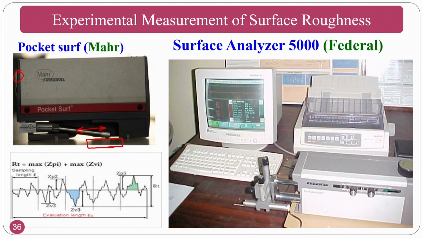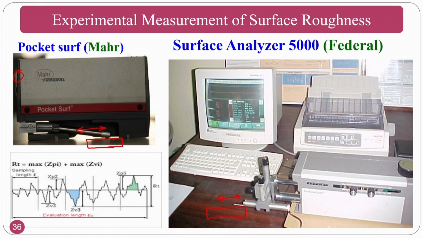If I want to know more, then I will go slightly upper side, that is the Surface Analyzer 5000, where I will keep my sample here. This is my probe. Similarly I will operate, so the probe will reciprocate and give you a roughness value.